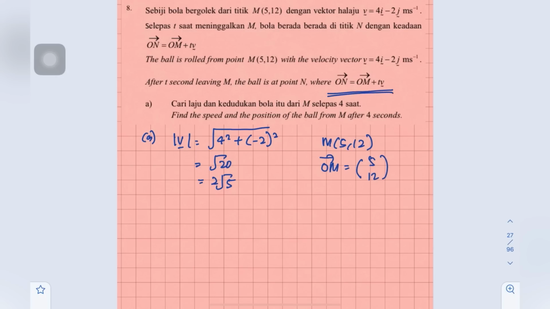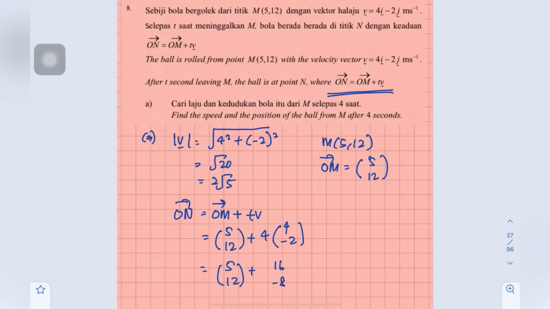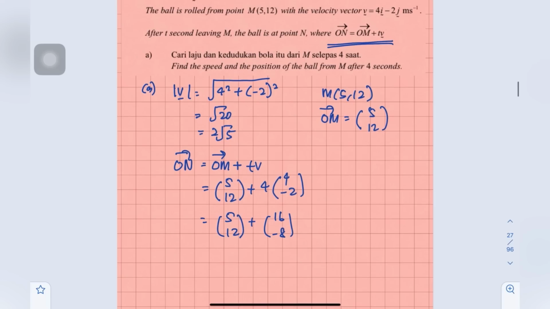Then by using the given vector ON equals vector OM plus t vector v, we substitute OM (5, 12), t is 4, v just now is (4, -2). So this one (5, 12) plus (16, -8). So this one equals (21, 4).